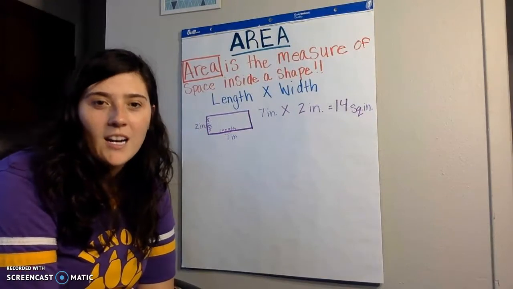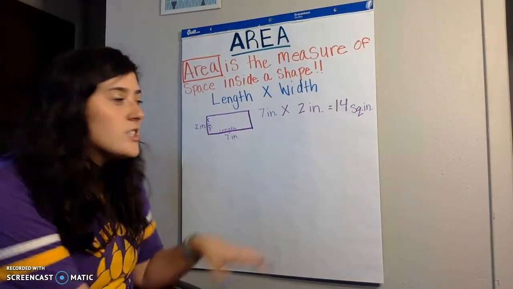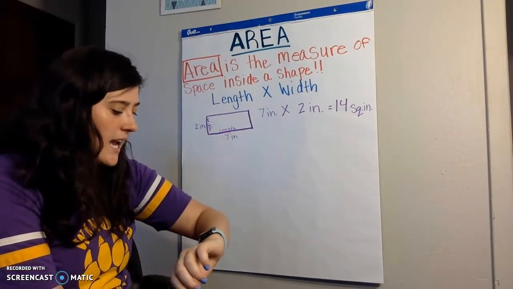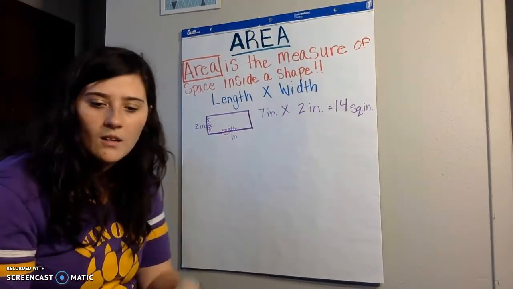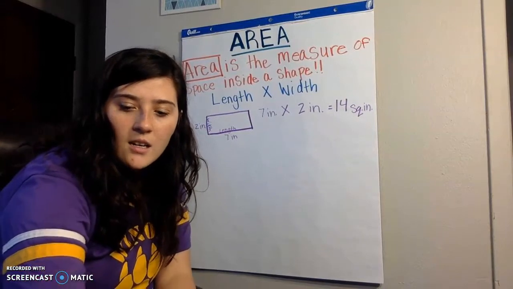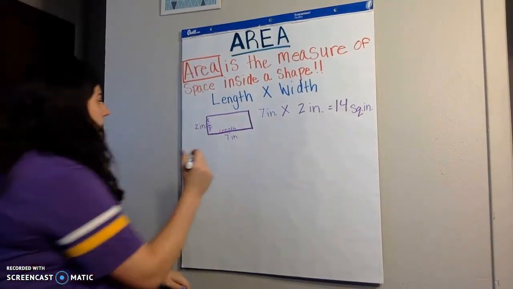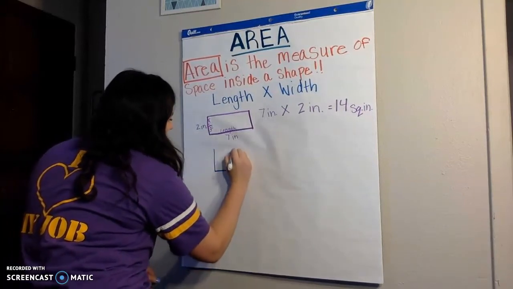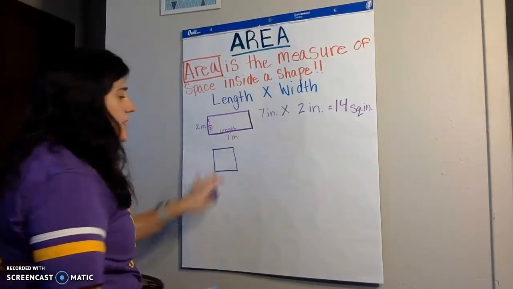The difficult part is when they don't give you a side and they give you the area. So let's pretend I give you the area. Let me do another one. I'm going to do a square.